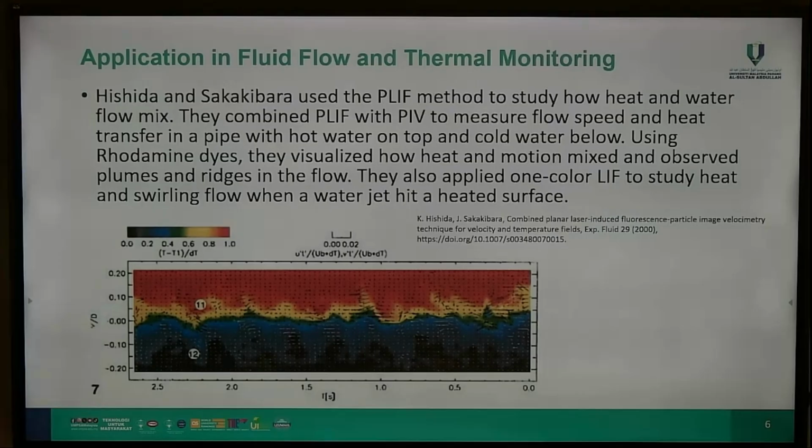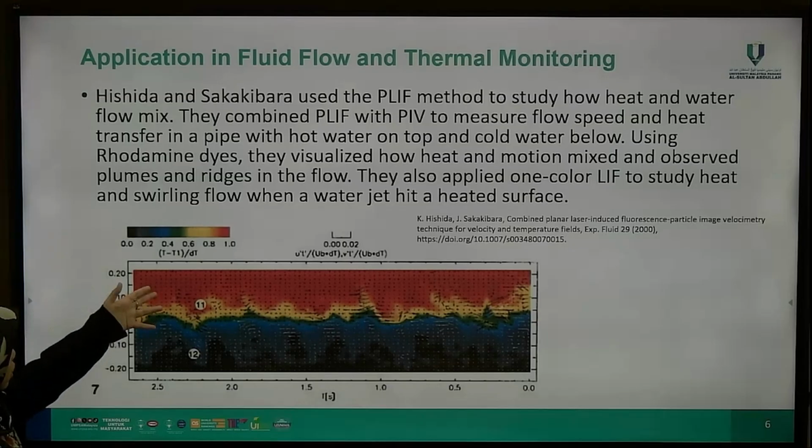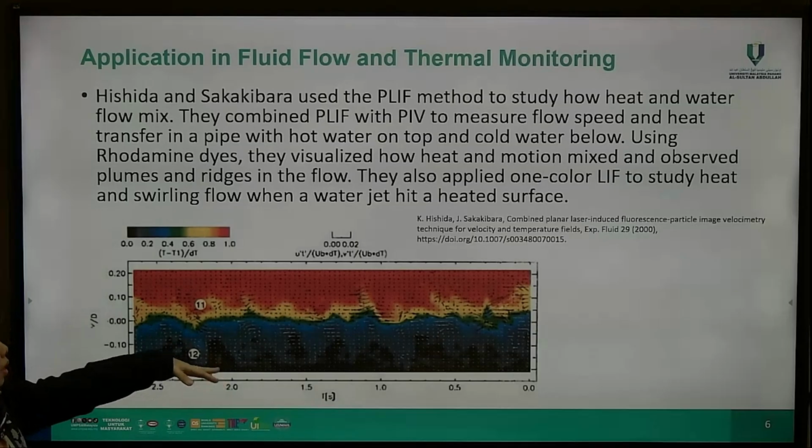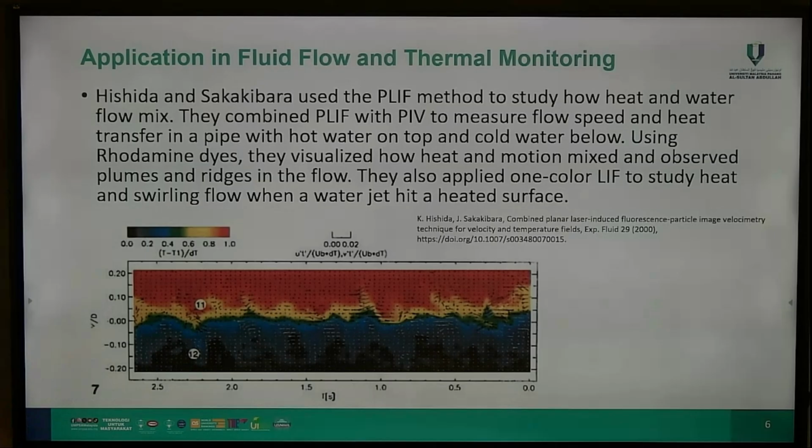He used rhodamine B to read the temperature gradients, and at the same time he combined it with particle image velocimetry to track the velocity of the hot water flow and the cold water flow. So it is a versatile method that you can actually combine with another visualization method.